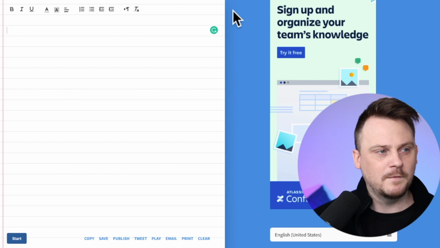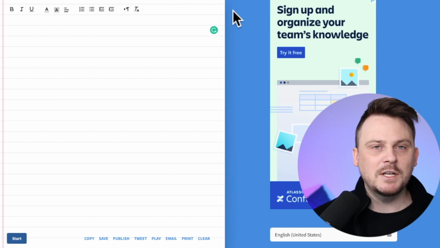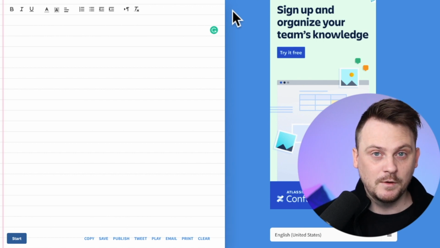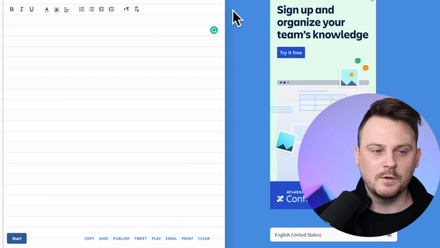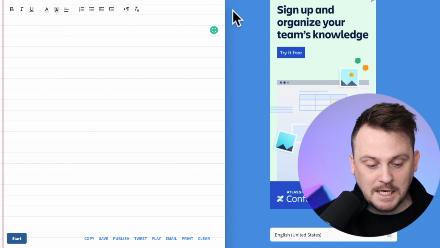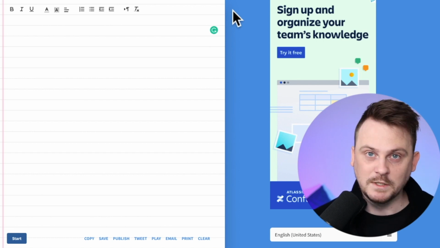So let me show you what I'm using. You don't have to use this, but this is what I recommend because it is probably the simplest possible way to do it. I'm going to pop over to my browser. Here we have dictation.io. Now, I like dictation.io for a couple reasons.